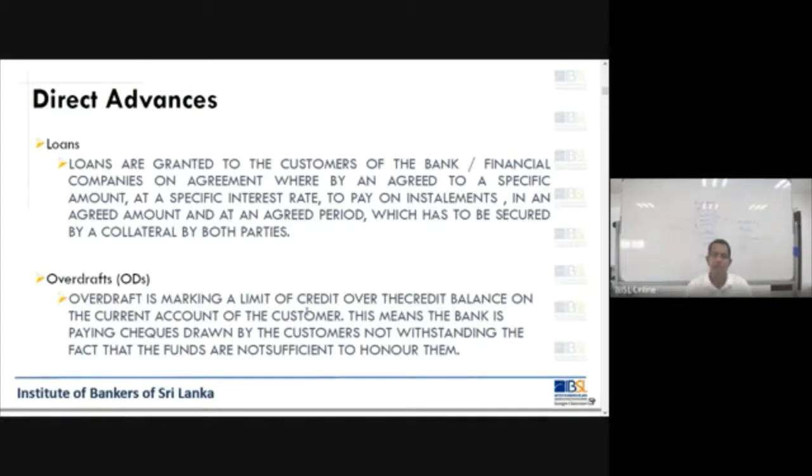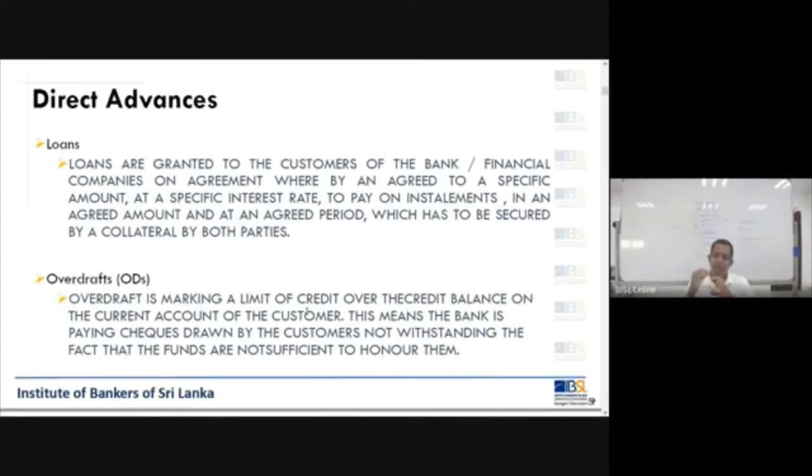So the customer can write checks over and above the credit balances he has. We say the customer has 100,000 rupees in the account and we have granted another 100,000 overdraft. It can be in pounds, anything, right? So now the customer has 100,000 of his own money and 100,000 of the bank's money, right?